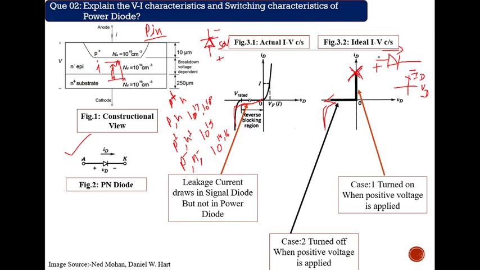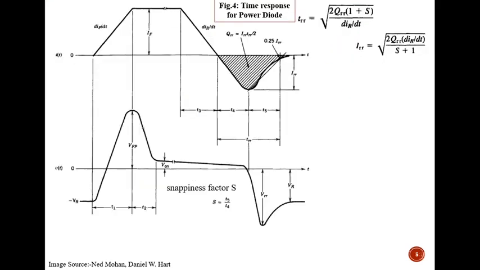Now if you apply minus and plus, then obviously no current will flow through the diode. Then the negative voltage will show in this fashion, so the curve will look like this, and the ideal curve can be made.